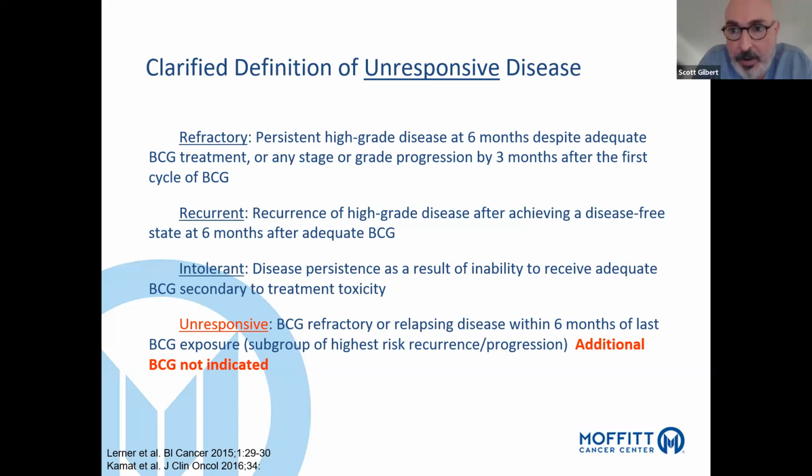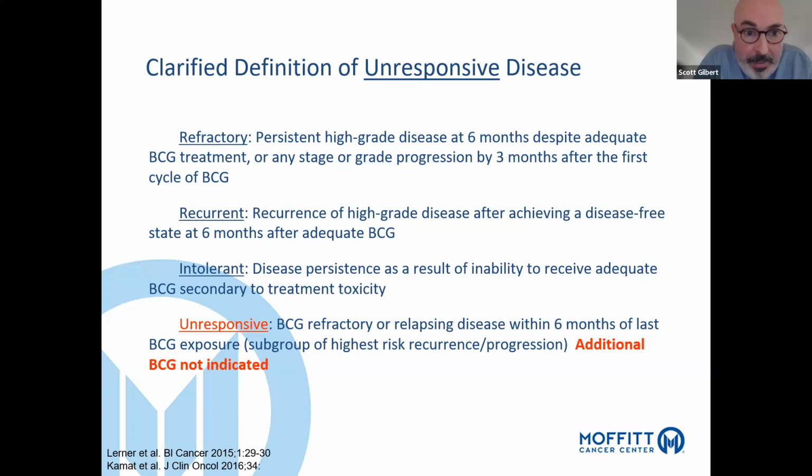Adequate BCG would be defined as at least 5 of 6 treatments of the induction course and 2 of 3 of the first maintenance, or starting a second induction, so beginning on your second 6-week course and then having disease recurrence. Recurrent disease is any high-grade recurrence after achieving a disease-free state at 6 months after adequate BCG.